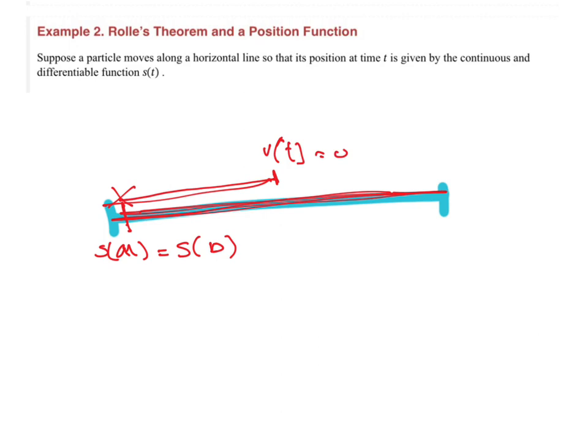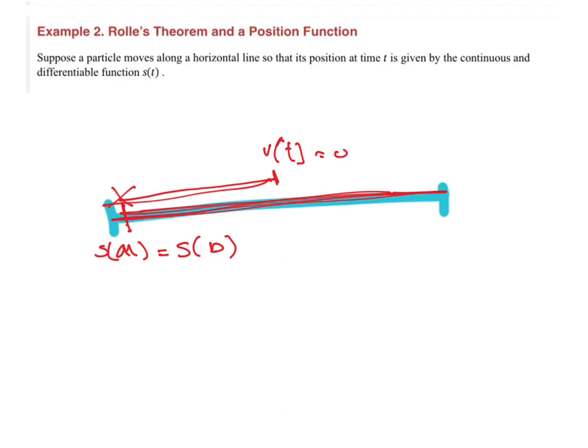Is that making sense? Otherwise, it just keeps going and going. Cool? It's got to turn around. That's essentially what it's saying.